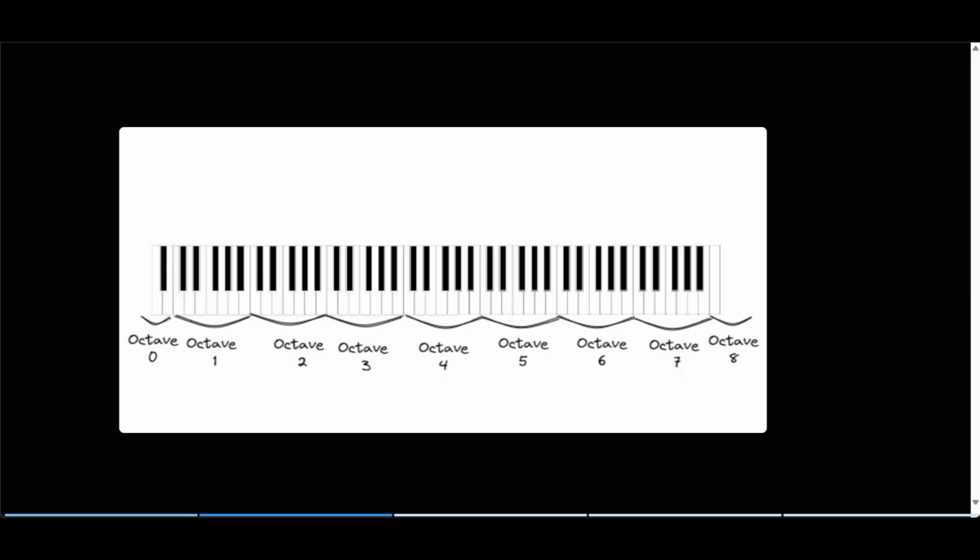So this note would be A, B, C, D, E, F, G. Then again A, B, C, D, E, F, G. Like that it goes on. I hope you got it.